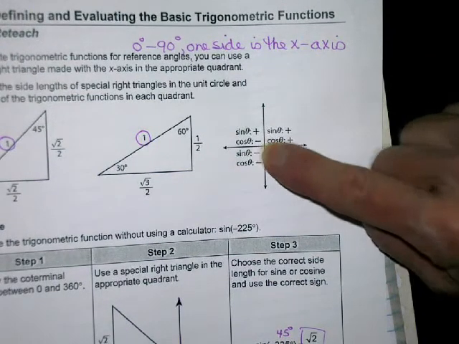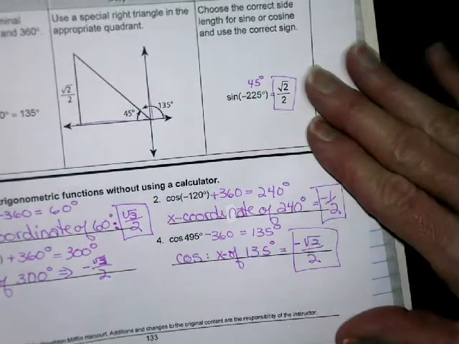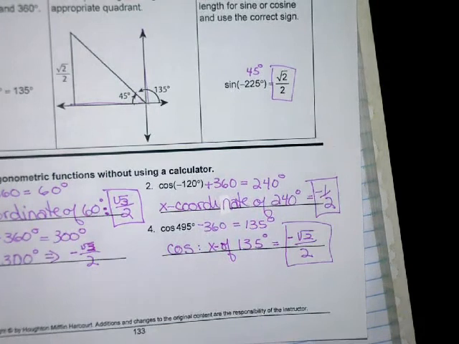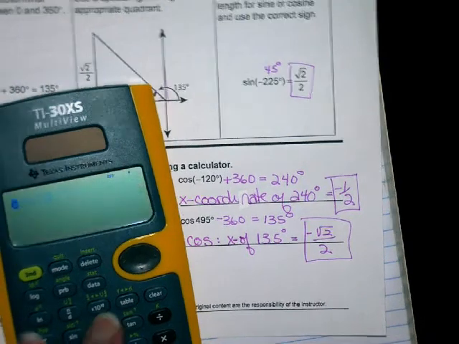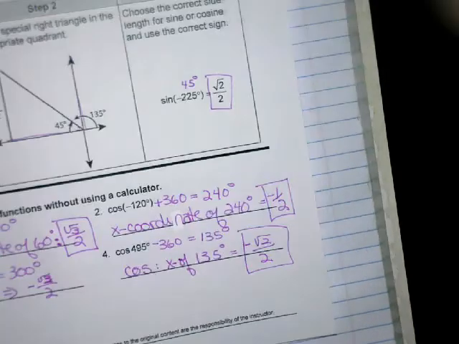Because up here in the second quadrant where 135 degrees is, the cosine's negative. So there's that game to play, but we've got a unit circle, so we can just verify along with our calculator. Cosine of 495 degrees. Okay, let's get into the homework.